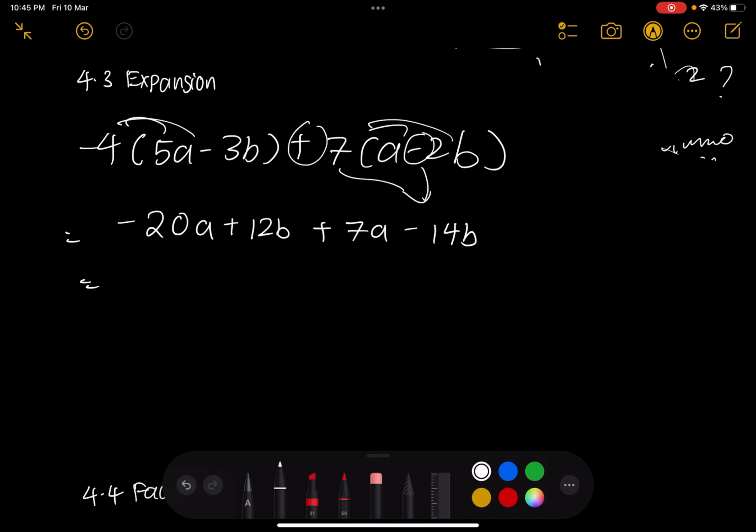Now I want to simplify all these. Okay? Minus 20 plus 7, minus 13a. Okay? 12b, sorry. 12b and 14b, okay? Minus 2b. Simple, right? Okay. Very good. Steady bom pi pi. Next one.